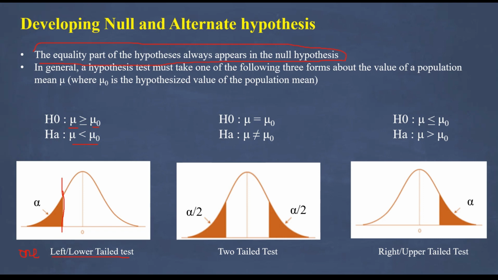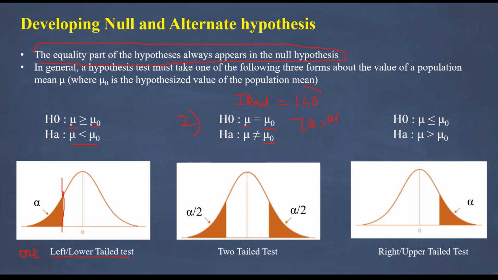Similarly, the second case is if you state the null hypothesis as mu is equal to mu0, then the alternate hypothesis will become mu is not equal to mu0. For example, you can state that the IQ of males is equal to 140, and you do a sample survey and find that the IQ of males is around 144.